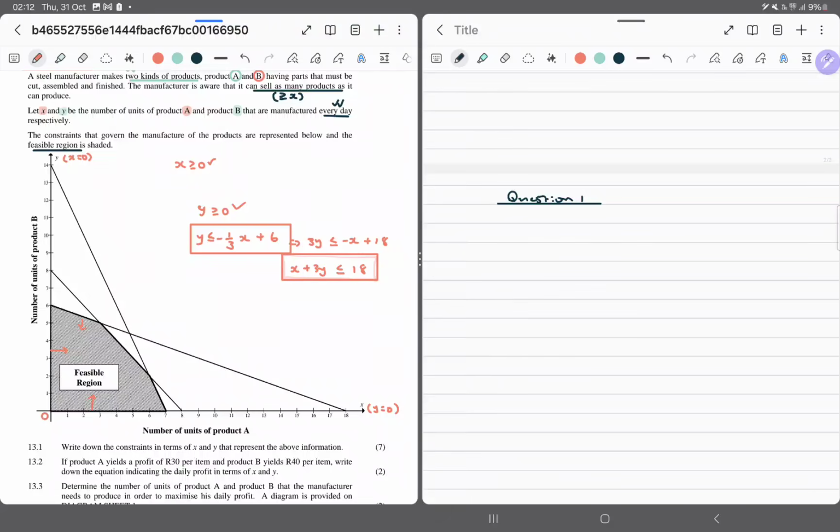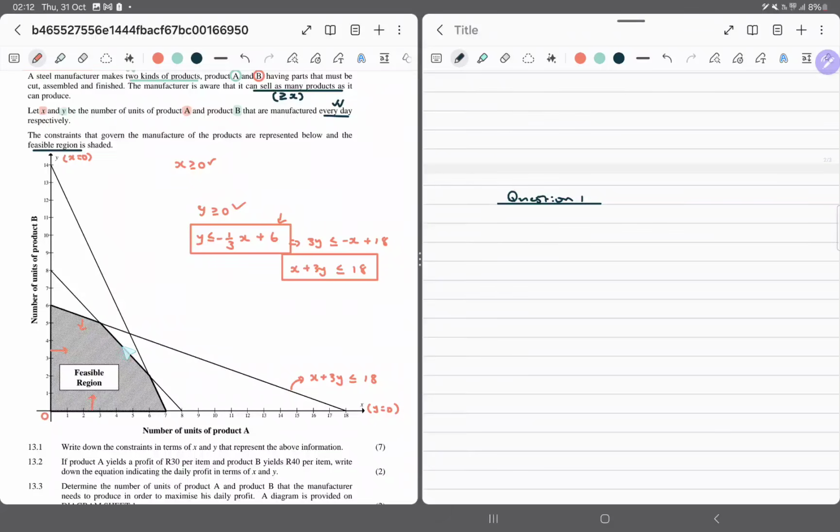This is the best way to write it, but again, that is not incorrect. So this equation here is x plus 3y less than or equal to 18. Nice and easy. All right, what else can we say?